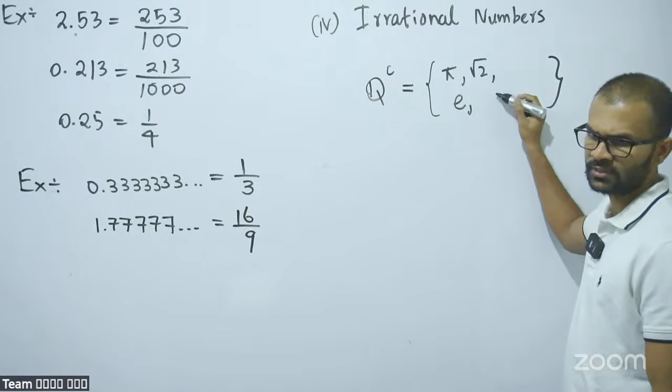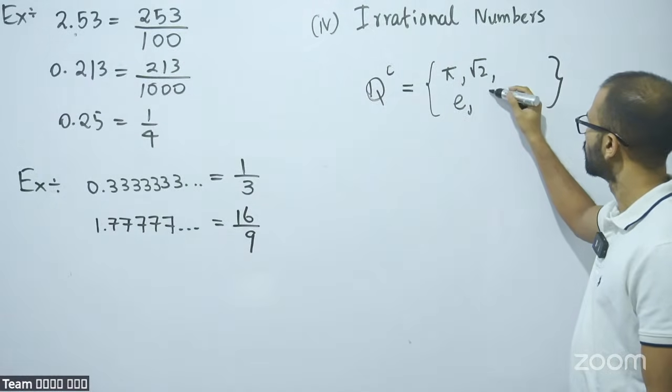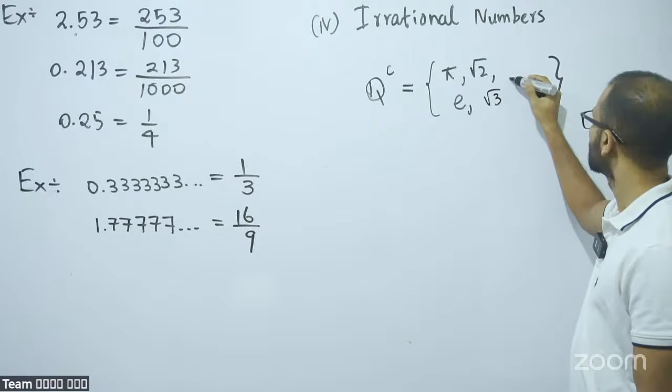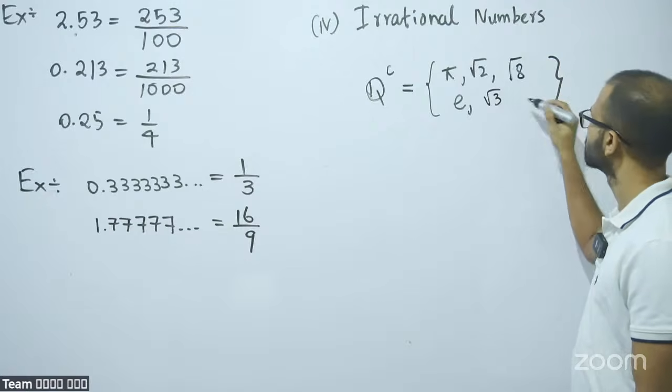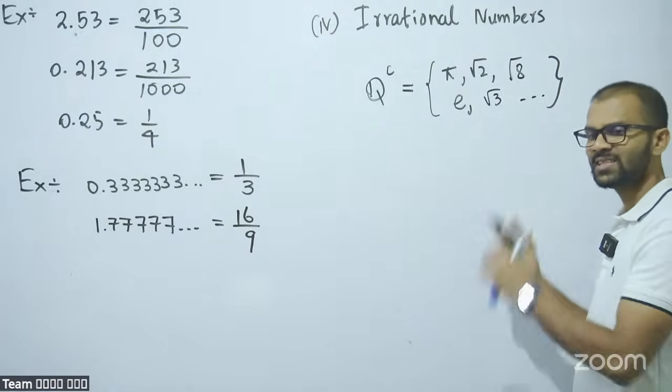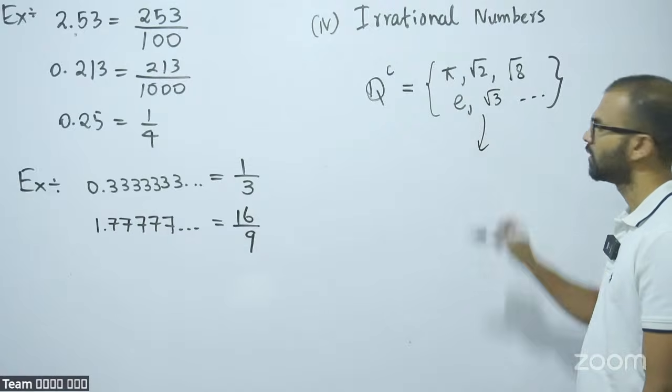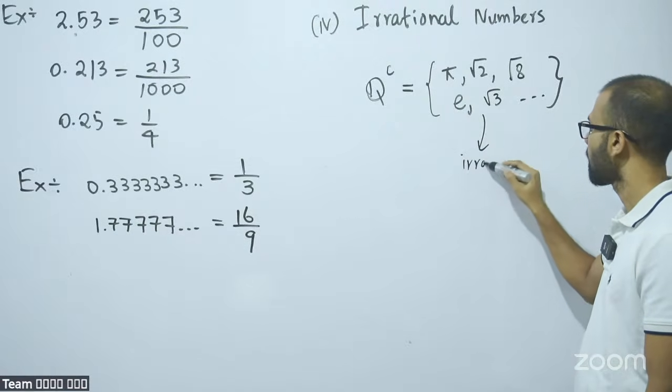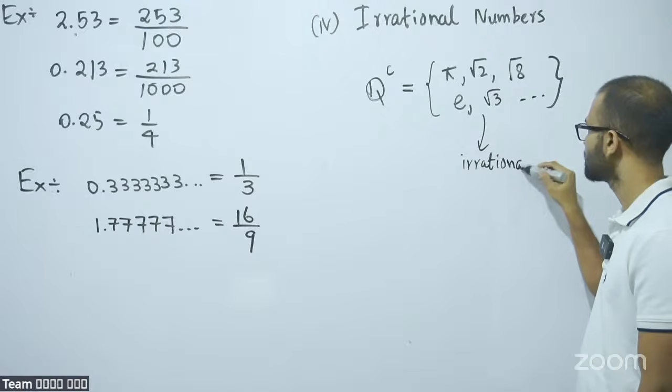Some other examples: root 3, root 8. These numbers are irrational.